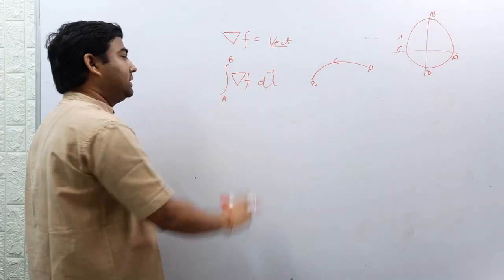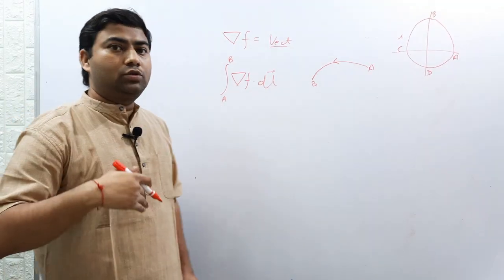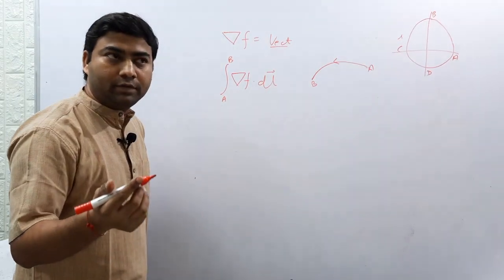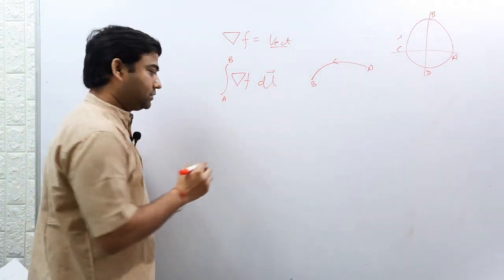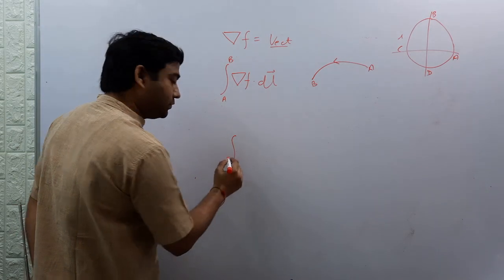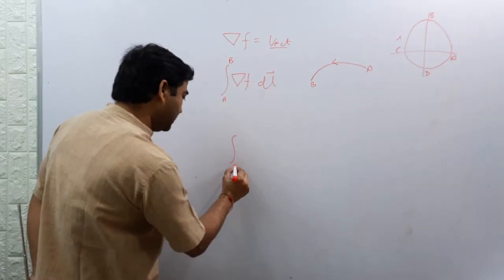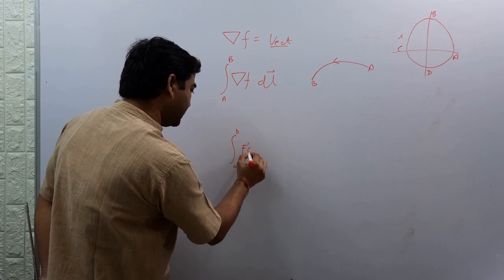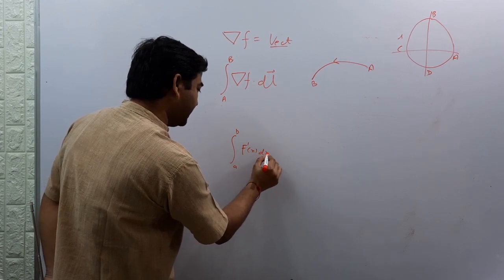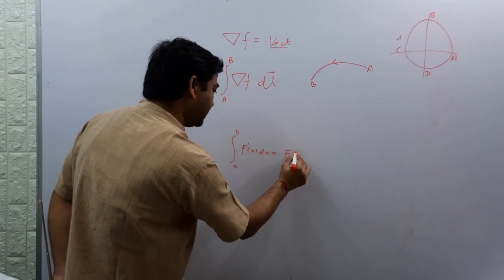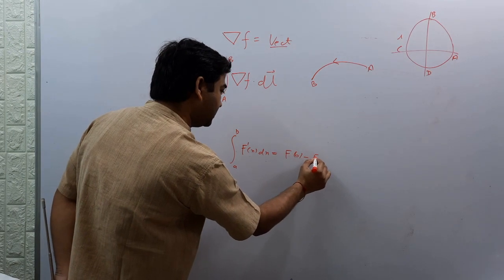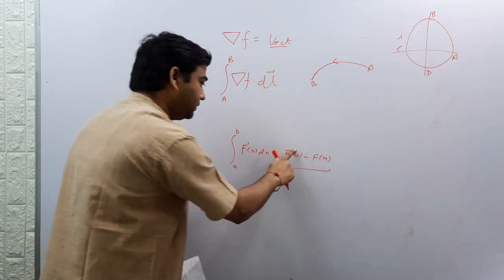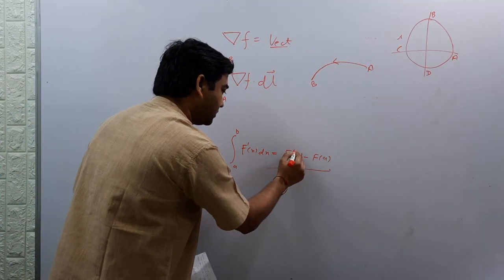We have also discussed that this gradient is analogous to a derivative. So what is the fundamental theorem of calculus? The fundamental theorem of calculus for normal calculus is the integral from A to B of f dash x dx is equal to f(b) minus f(a). That is the fundamental theorem of calculus.